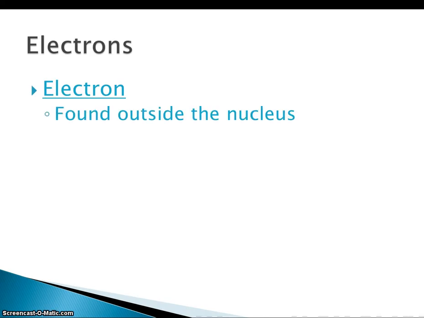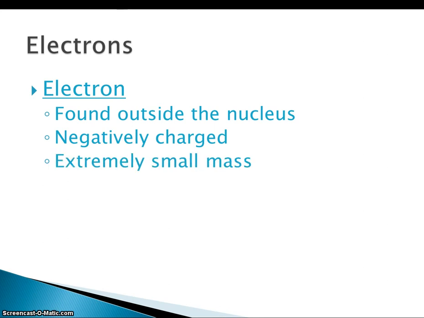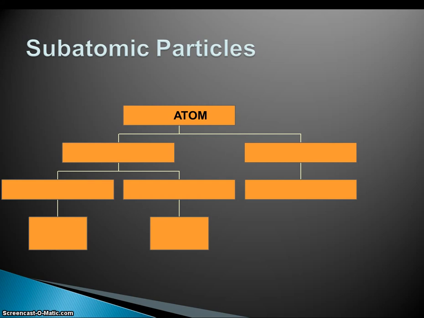Electrons, hopefully you know that they are outside of the nucleus. You spent time on this in the past. They are negatively charged. They have an extremely small mass, so when we do mass number, we don't even really count them. And they move around the outside, so they have movement to them. Here's a graphic organizer to help you understand how atoms are arranged. First of all, there are 2 different spaces of an atom. There's the nucleus as one of them.